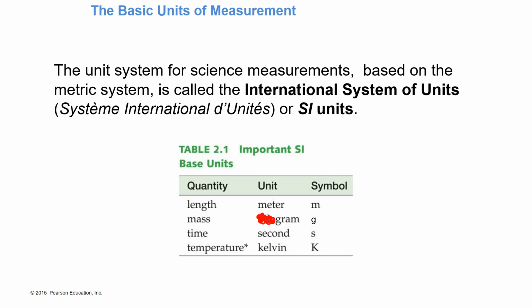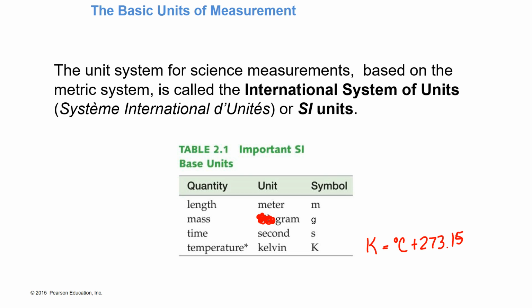Time is seconds, and then temperature measures in a unit called Kelvin. Kelvin is essentially the same thing as Celsius, but Kelvin is simply Celsius plus 273, 273.15 specifically.